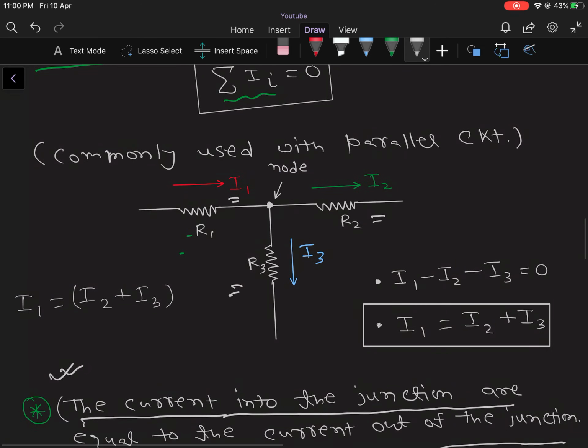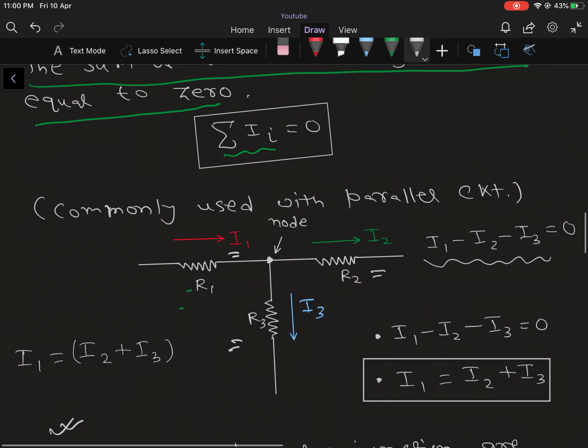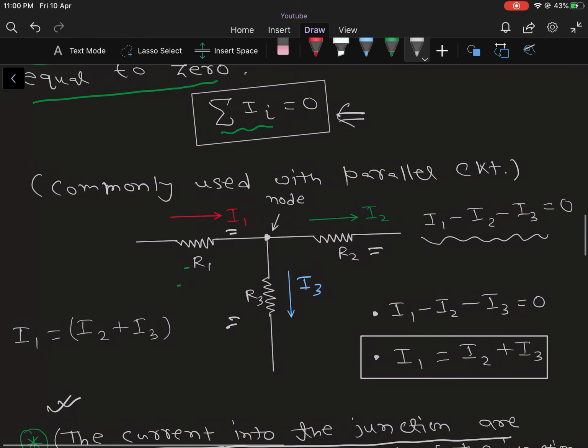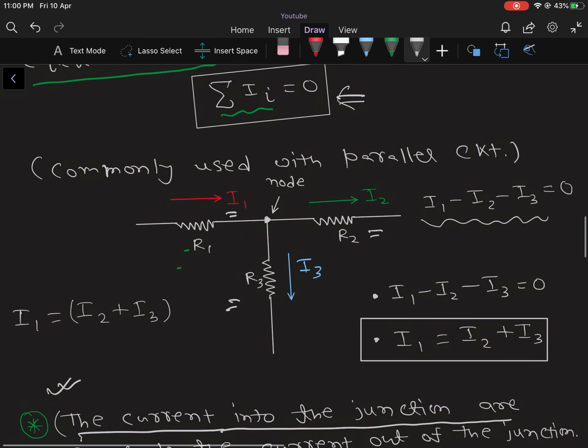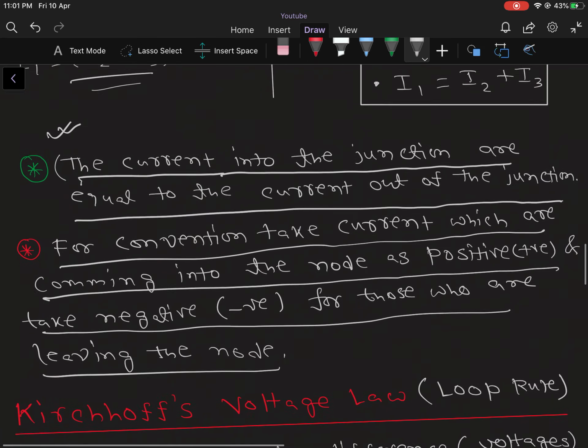If we use that convention, here current I1 is coming in, I2 is leaving, I3 is leaving, and the total sum will be 0. So this is the first Kirchhoff current law, or Kirchhoff's first law. Both this equation and that equation result in the same thing, that I1 equals I2 plus I3.